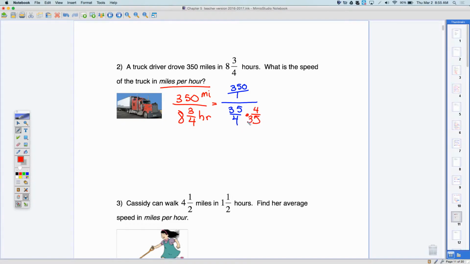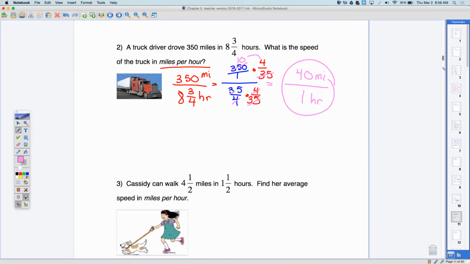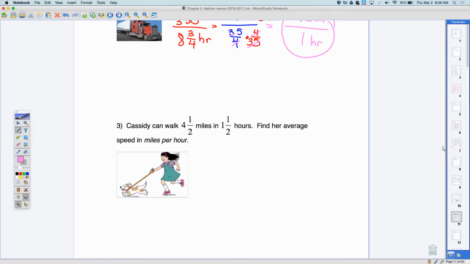Multiply your denominator by its reciprocal, which is 4 over 35, and your numerator by 4 over 35. We can cross-cancel the 35 with the 350, so you're left with 10. Everything in your denominator cancels out, and you're left with a 1. So in your numerator, you have 10 times 4, or 40, so 40 miles over 1 hour. Don't forget your labels.